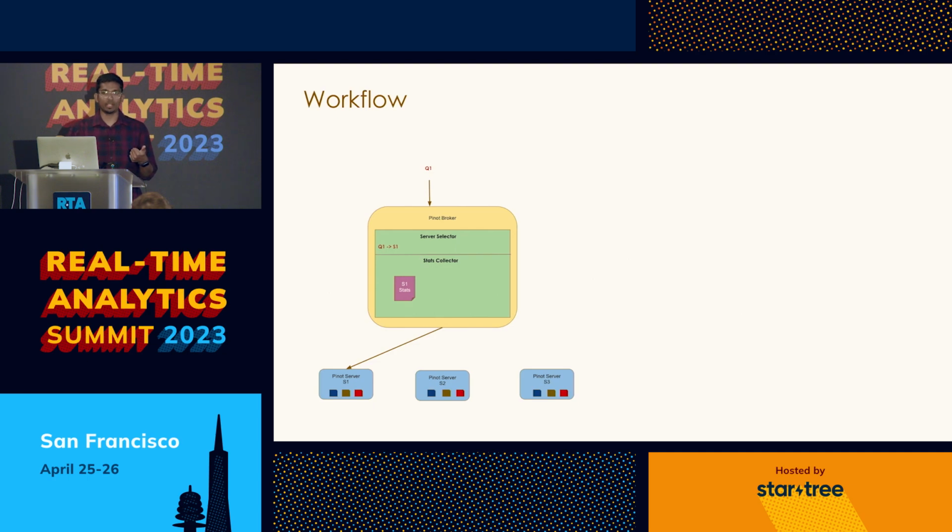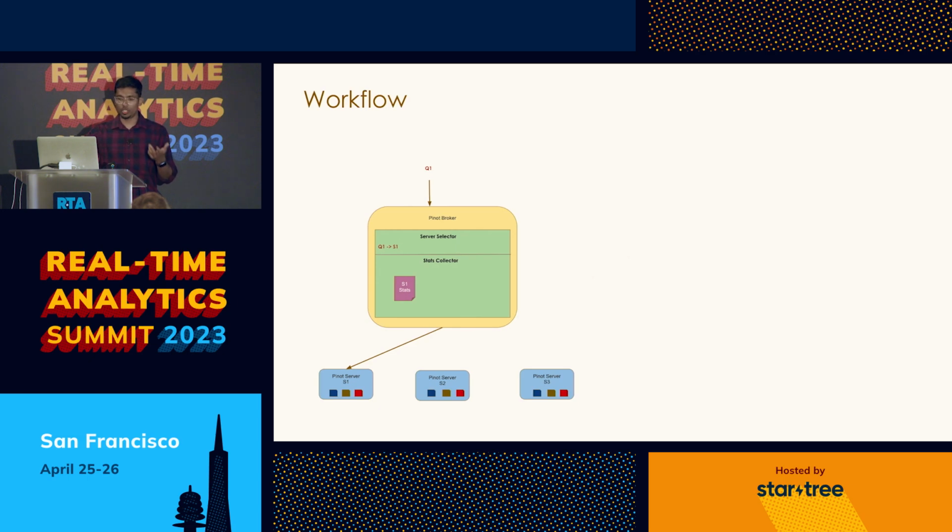So when a query Q1 initially comes in, the server selector is going to consult with the stats collector. The stats collector in this case is not completely warmed up with all the stats for all the servers. So initially, the routing is going to be based on the older round-robin approach until the stats collector is completely warmed up, right?